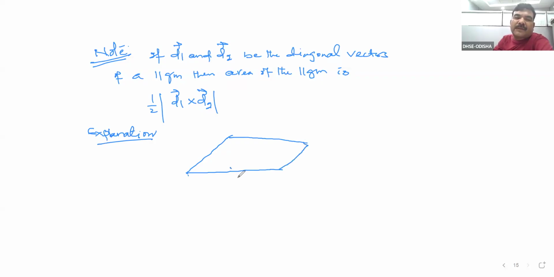Suppose this is vector A, this is vector B, this is d1, right?